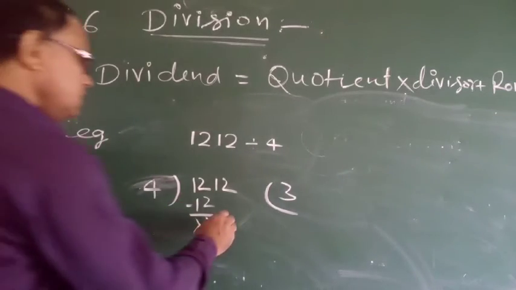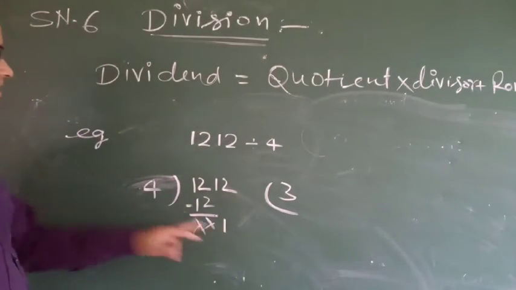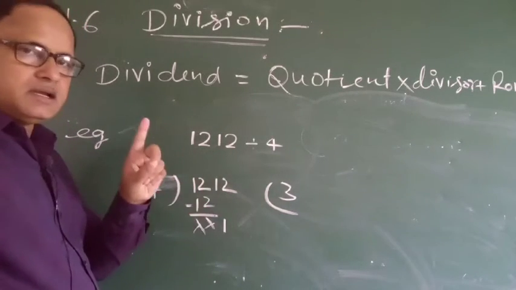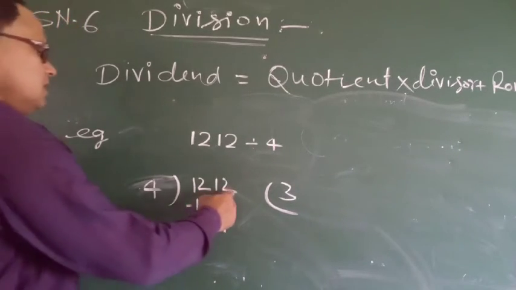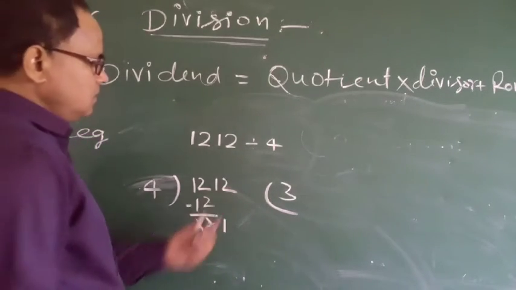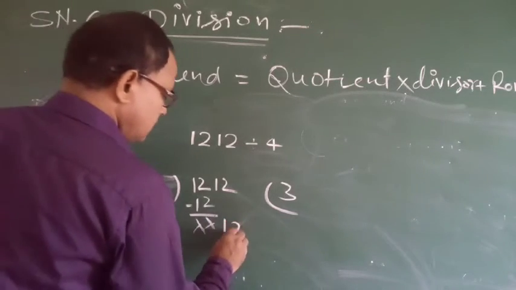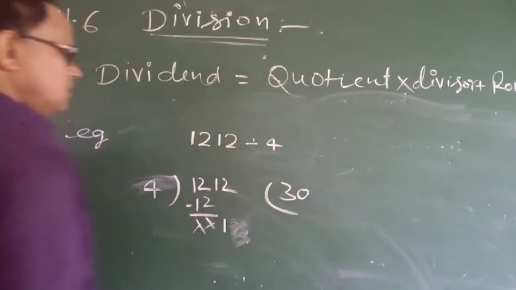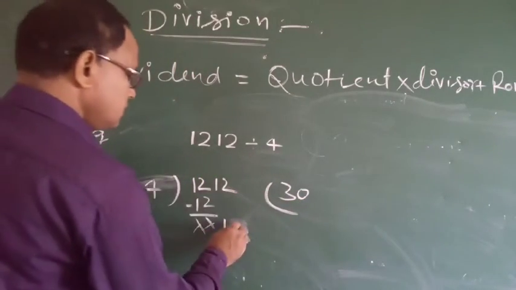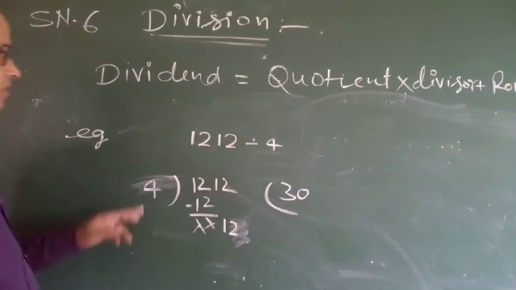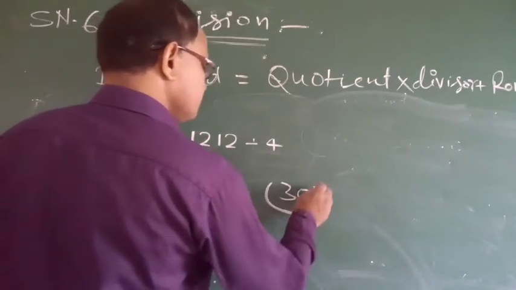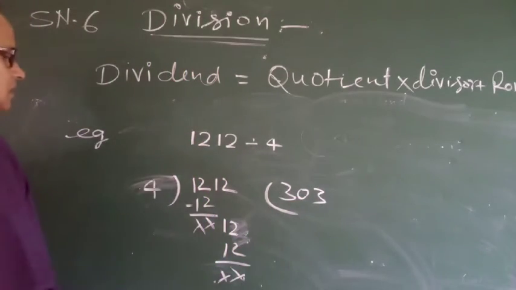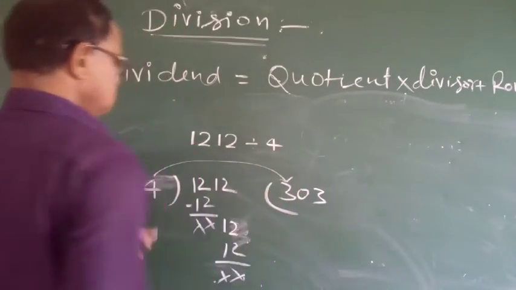Okay, and write here 1, which is less than 4. Then here on the right side 1 digit is present. Then take it down, and write 0 before it. Write 0 and write here 2. Okay, 4 3s are 12.